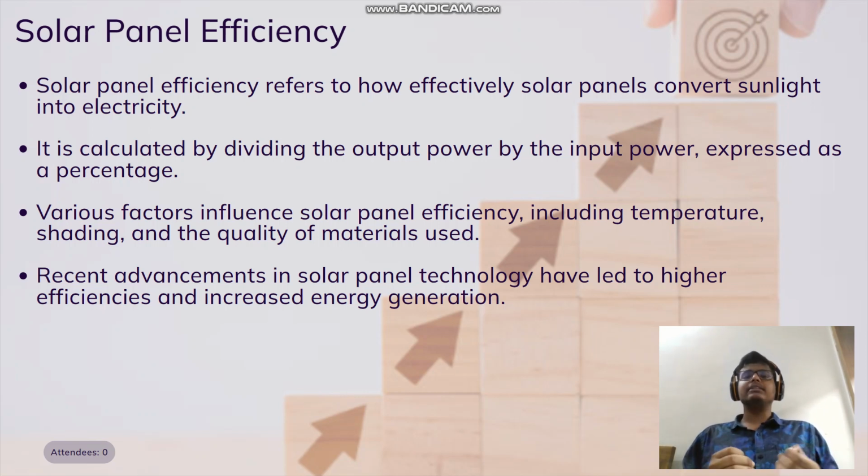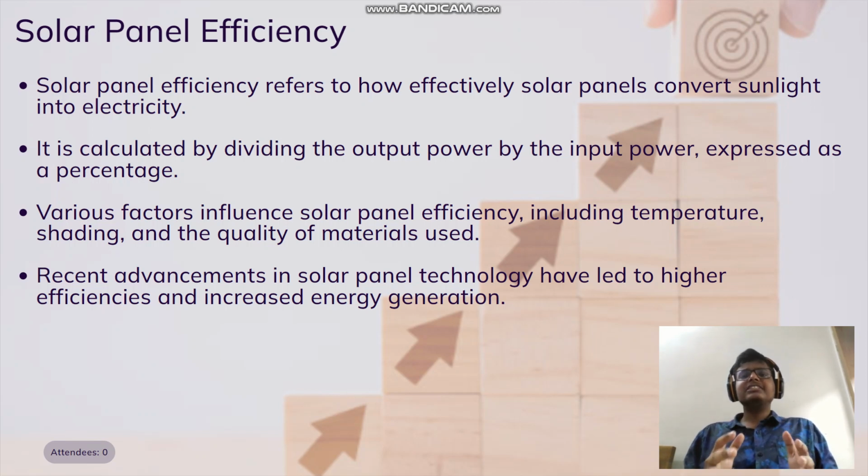Various factors influence solar panel efficiency, including temperature. That is, the more the temperature, the lower will be the efficiency of the solar power plant. Shading effect: if the shade of a tree branch or a bird is there on the solar panel, then the efficiency of the solar power plant reduces, and also the quality of material used.